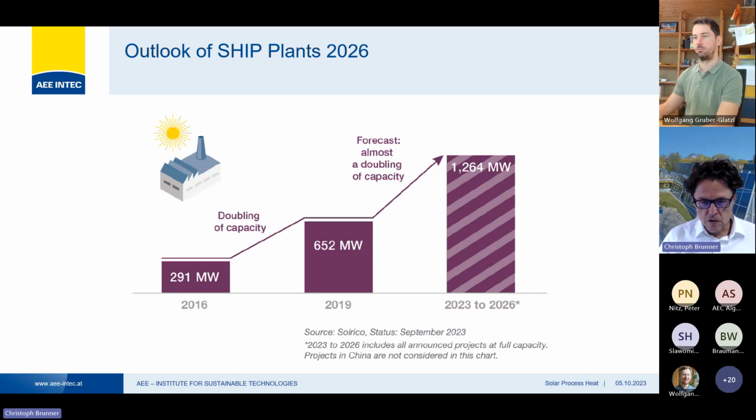This graph shows a doubling of capacity from 2016 to 2019, and the forecast, based on announced projects, without a project out of China, is again a doubling of the capacity from more than 650 megawatts up to 1,260 megawatts until 2026.